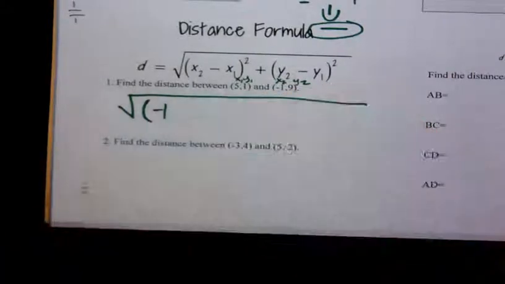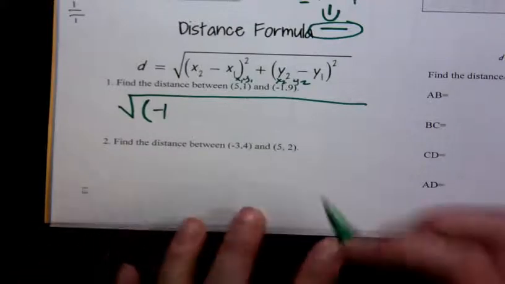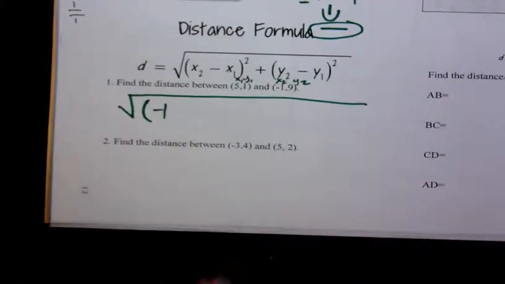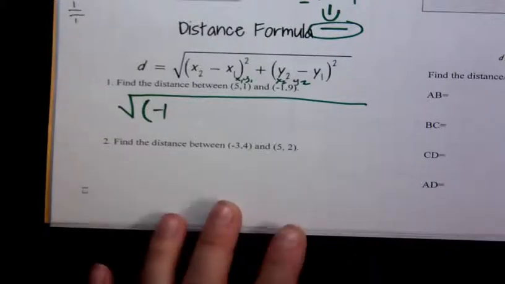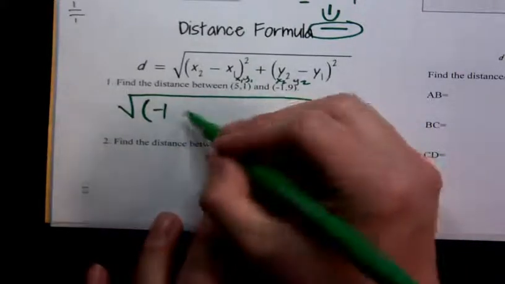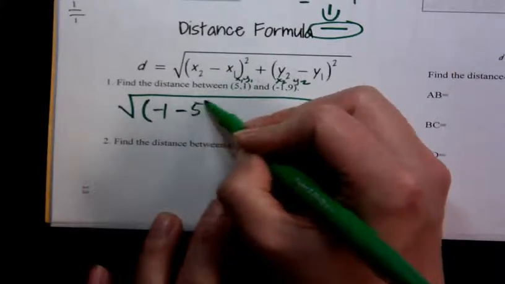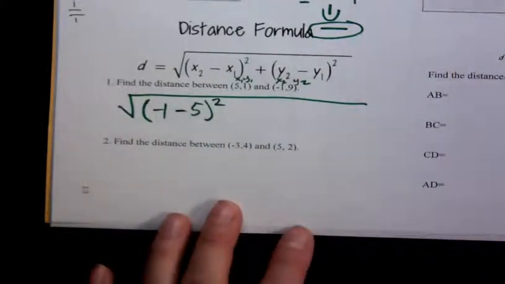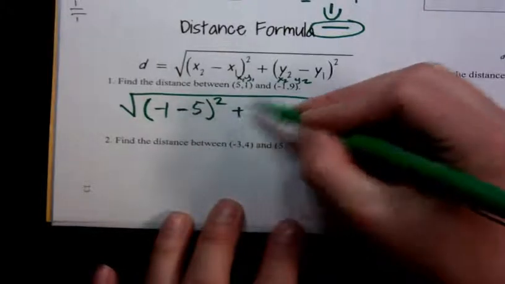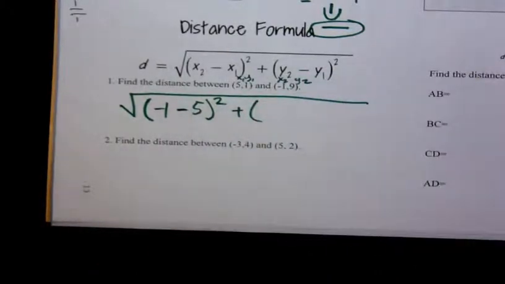-1. We got it. All right. Desk 8, which is Christian. What is our x1 here? 5. And so my formula is just x2 minus x1. So I do -1 minus 5 squared. Keep the plus sign. I'm just copying out the formula. And desk 2, which is Noe.